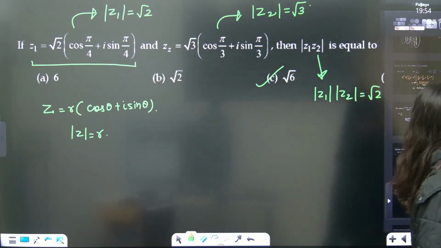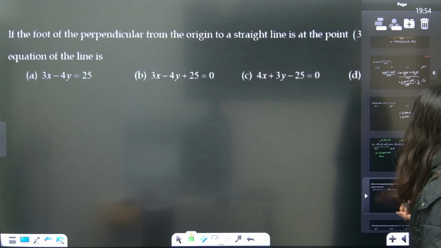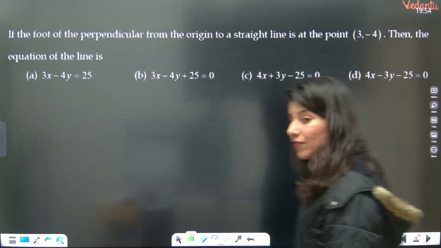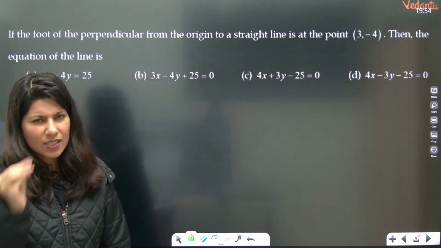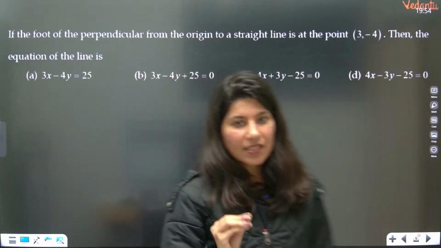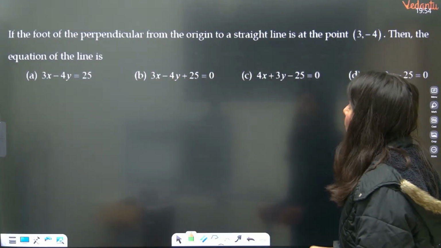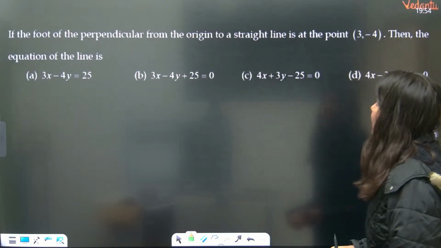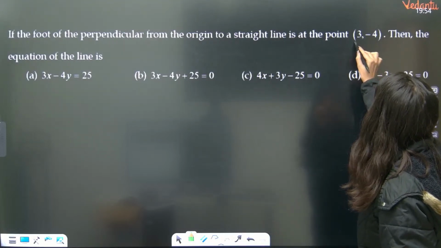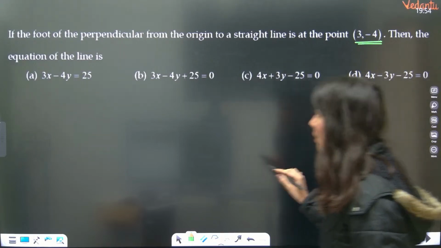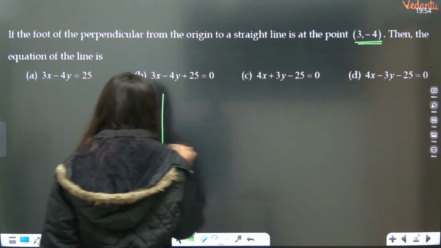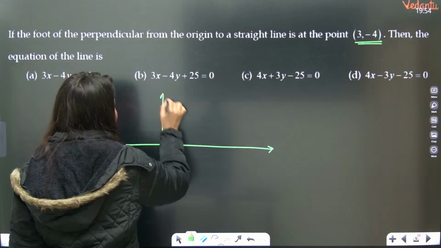Okay, complex number done. Now we have another question from the world of coordinate geometry, specifically straight lines. If the foot of perpendicular from the origin to a straight line is at the point (3, minus 4). Now understand, you need to plot the situation.